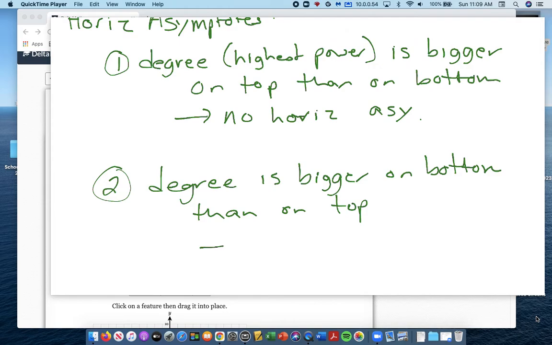The horizontal asymptote is y equals 0. So it's a horizontal line. Remember, that's really the x-axis.